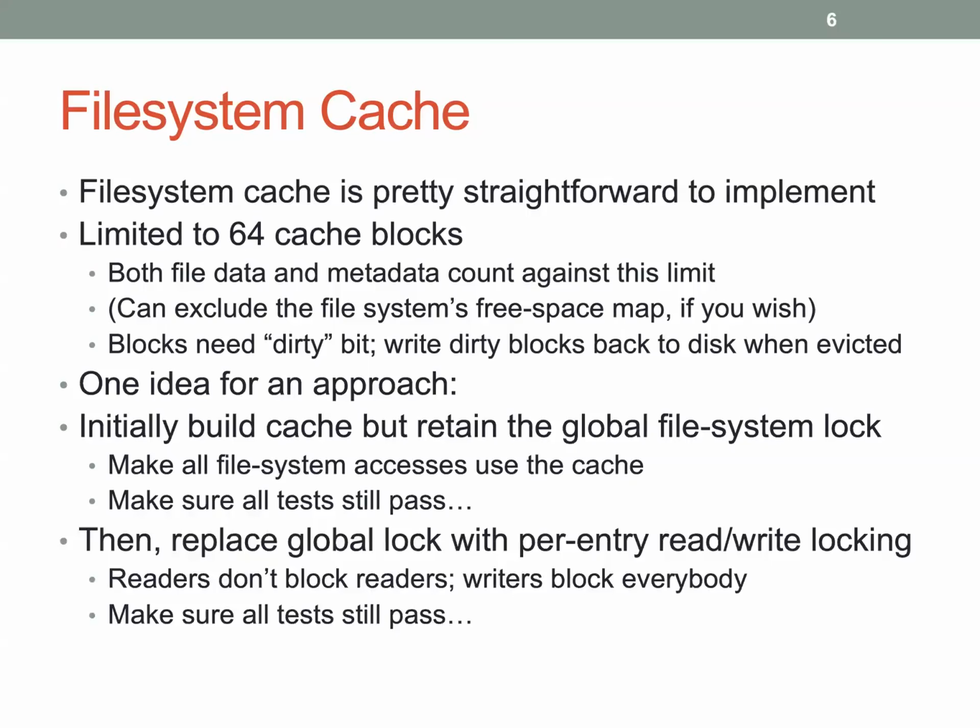Once you do that, you can get rid of the global file system lock, and you can switch to cache entry locks. You will have made one small change, and then you can run the tests again and see what tests are failing and address those failures.